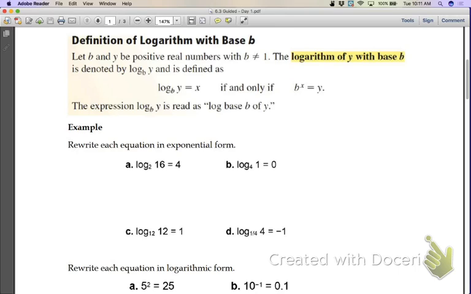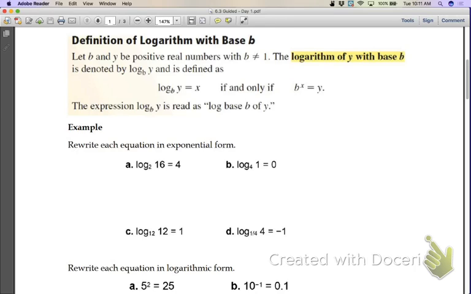Whenever we have a logarithm with a base of b, like I said earlier, logarithms and exponential functions are just sisters of each other. Sisters, brothers, whatever you want to call it. They are inverses, and we can rewrite any log as an exponent, and any exponent as a log. Whenever we read this, we always say log base b of y is equal to x.